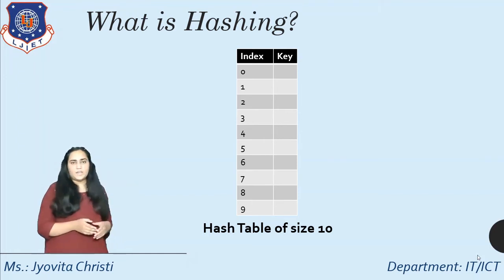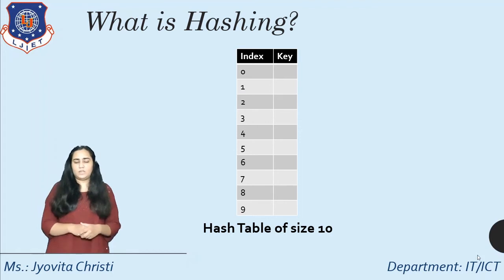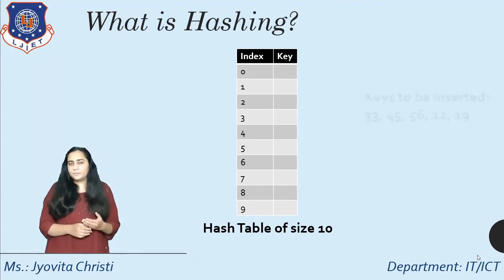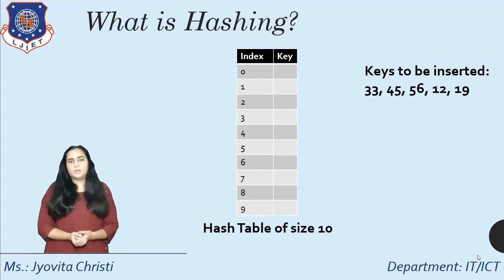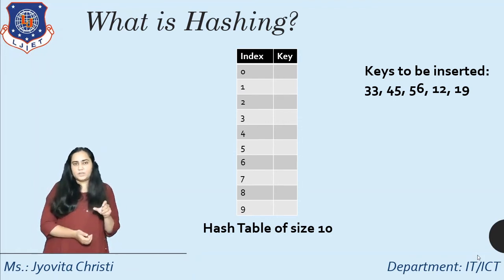Now, once you have the hash table ready, the next thing you need are keys. So you require keys to be inserted. These are the values. In the previous part of the video, I explained that there are IDs of instructors. Those were really large numbers, but obviously I'm not going to use such large numbers in order to explain what hashing is.